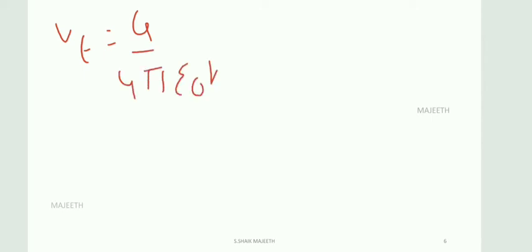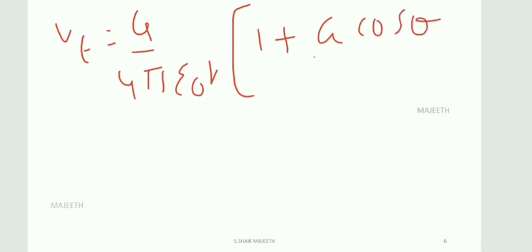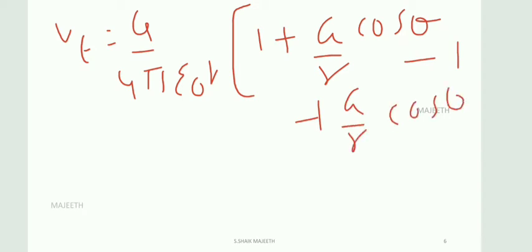Okay. So V total is equal to Q by 4 pi epsilon naught. 1 by R I take outside. So it will be 1 plus A cos theta divided by R minus 1 plus A by R cos theta.